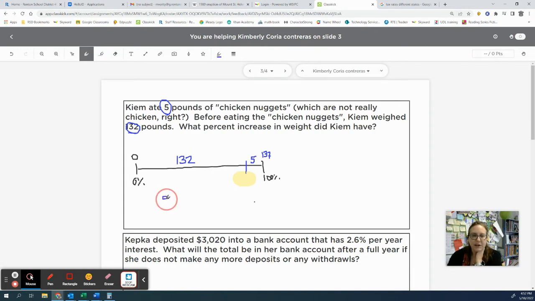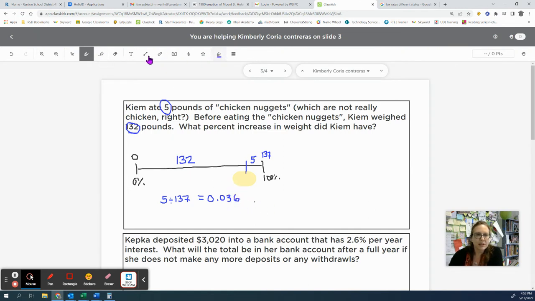So we're going to take 5 and divide it by 137. And when I do that, here's my calculator. 5 divided by 137 equals 0.036. So we're going to do the percent.